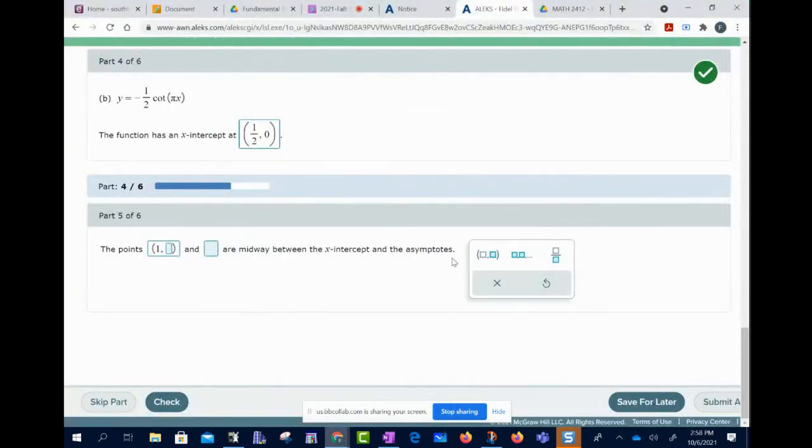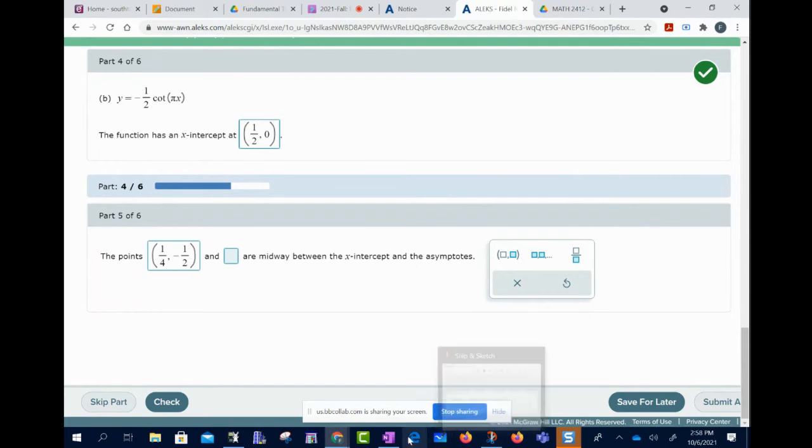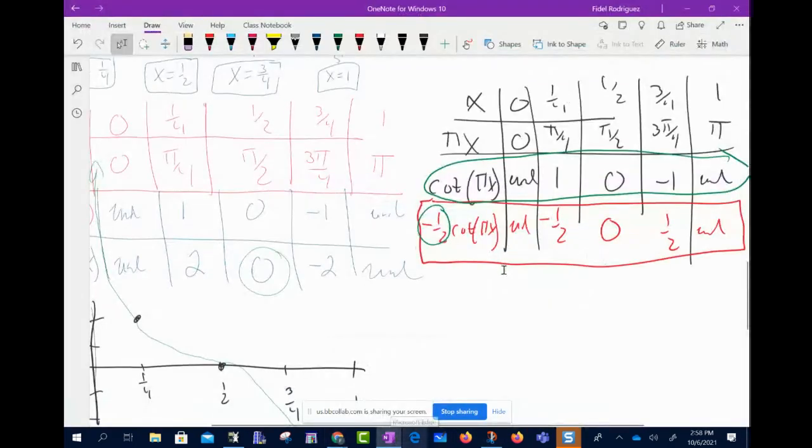Okay, so we're going to go over here. We're going to use a little point. 1/4 and the -1/2, wasn't it? Okay. Because when I come back over here, yeah, it's right here. So I'm looking at this part down. Yeah, it had a -1/2 in there.